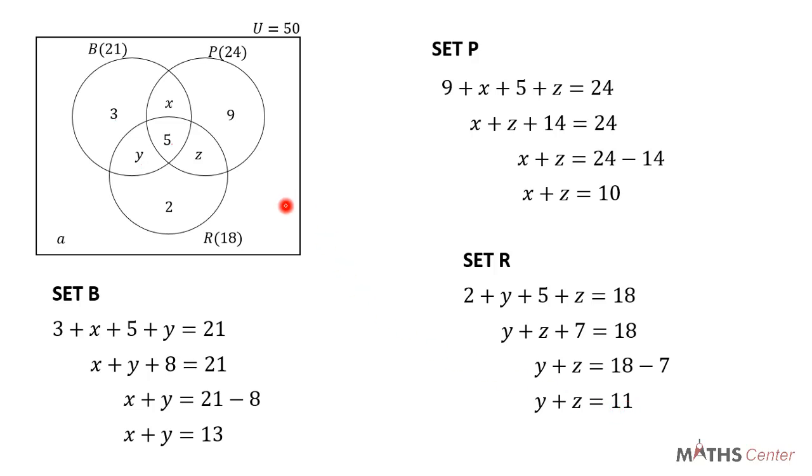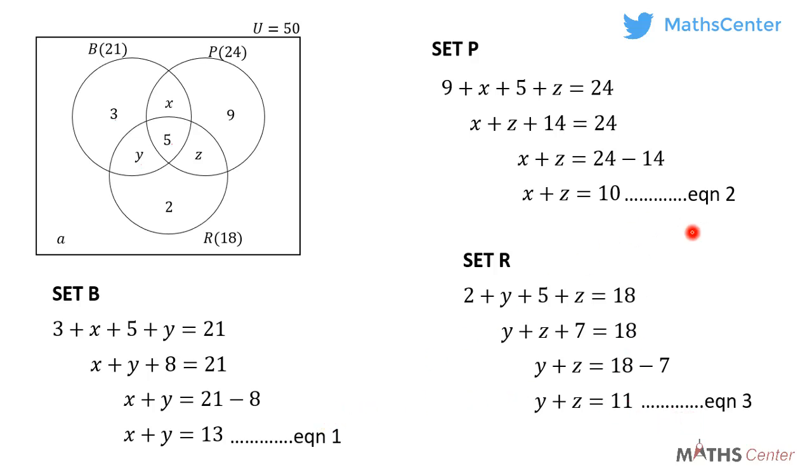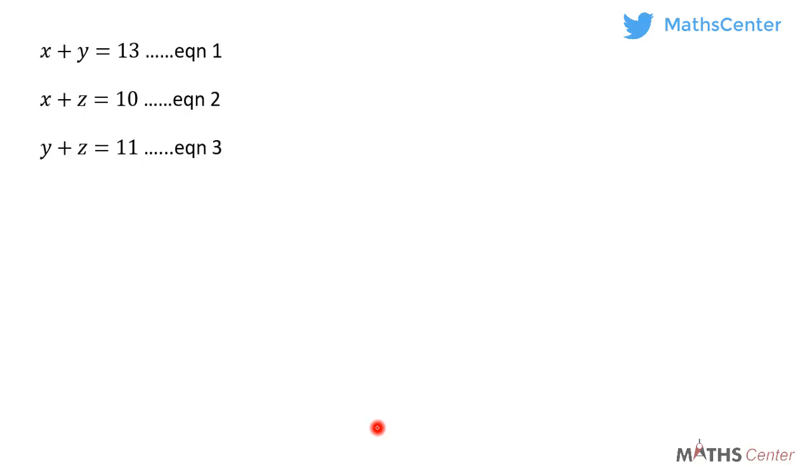So after solving the 3 sets, we have 3 equations in 3 variables. Let's call the first one equation 1, the second one equation 2, and the third one equation 3. We are going to solve these 3 equations simultaneously for the values of X, Y, and Z. We have the 3 equations here.